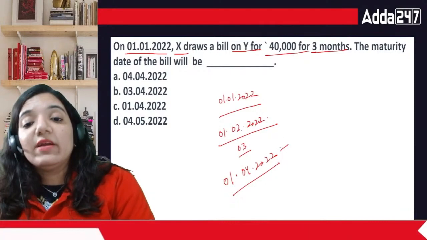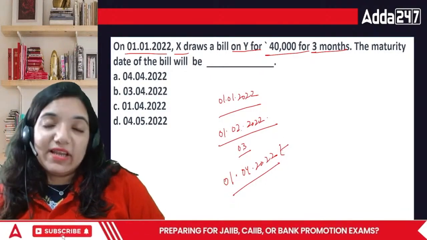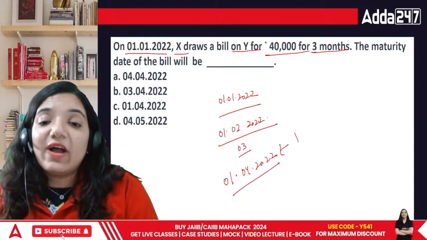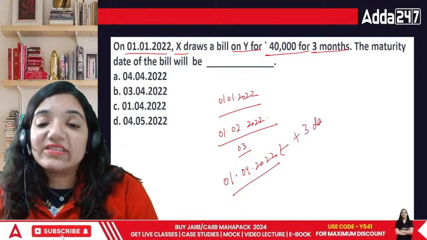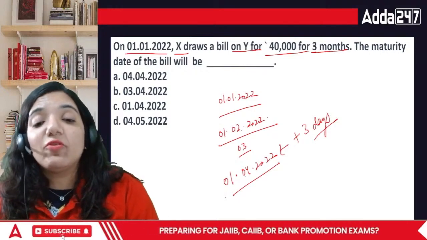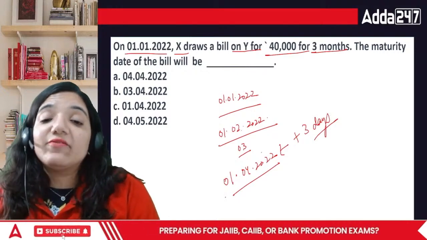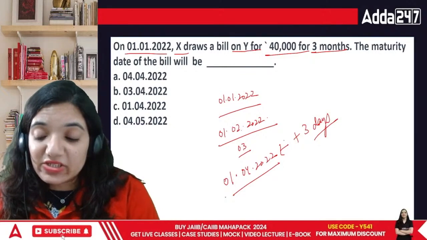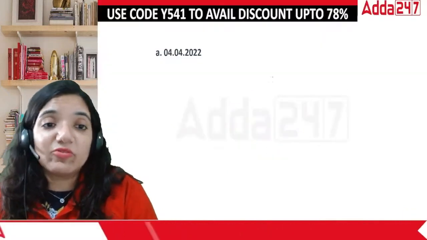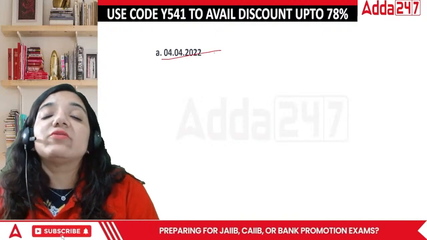The maturity period, the period after which the particular person is due to make the payment, is 1/4/2022. But there is one particular rule regarding bills of exchange. Whatever your due time is, you have to add 3 days of grace to it. So for this 1/4/2022, just add 3 more days. The correct answer will come out to be 4/4/2022.